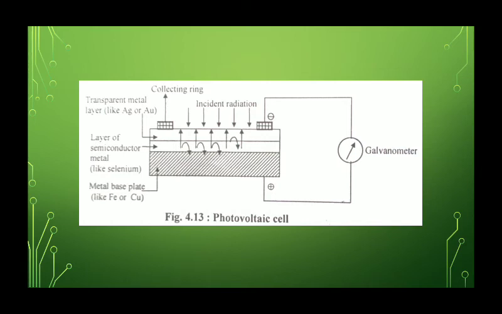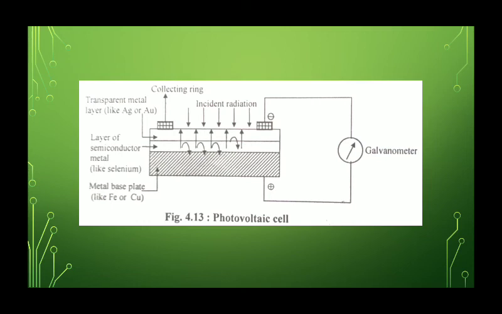The thin layer of silver acts as a second collector electrode. When the radiation is incident upon the surface of the semiconducting material, selenium, electrons are generated at the selenium-silver interface. These electrons are collected by the silver metal plate and accumulate on the silver surface.